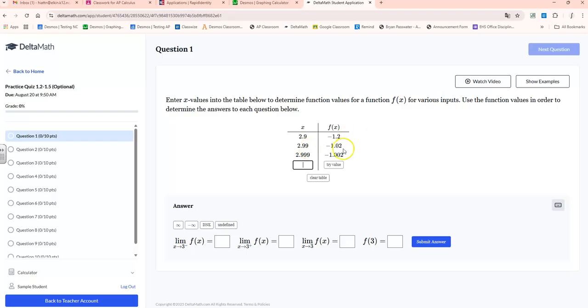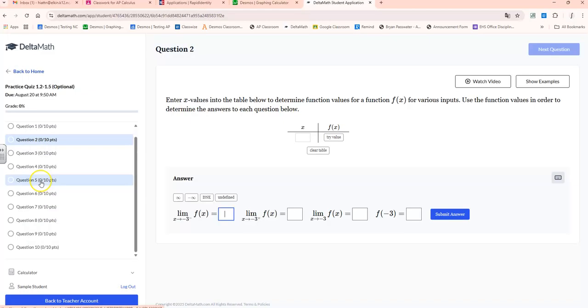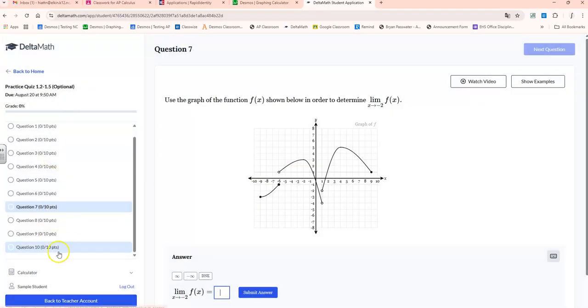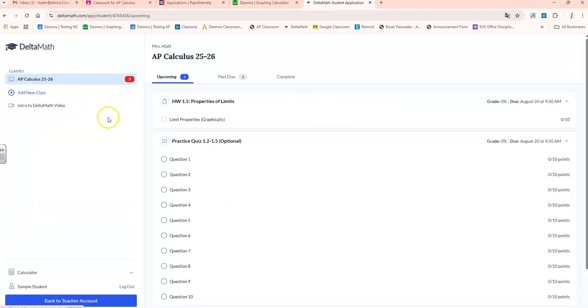And so it looks like that's probably -1. You just type those in. Delta Math does the table there for you, just like we were doing on Desmos. So this will have a few different things to look at. And we will have a short quiz tomorrow that's very similar to that one. So again, that's optional.